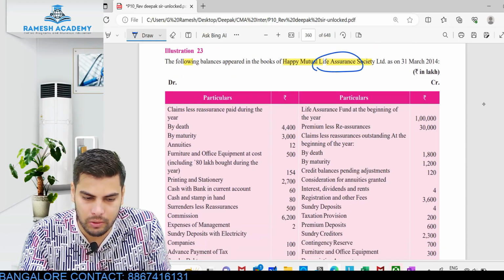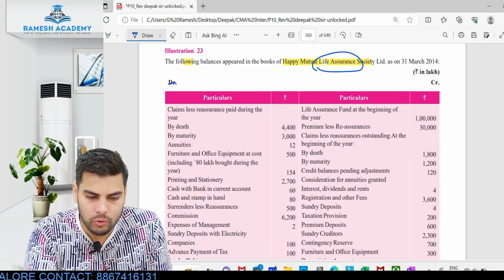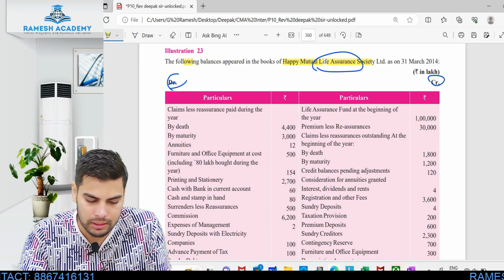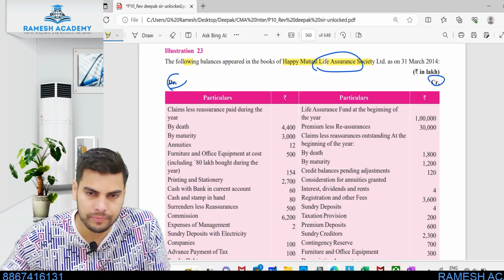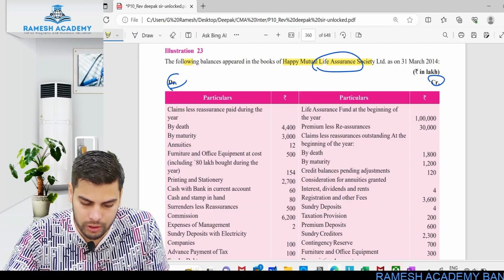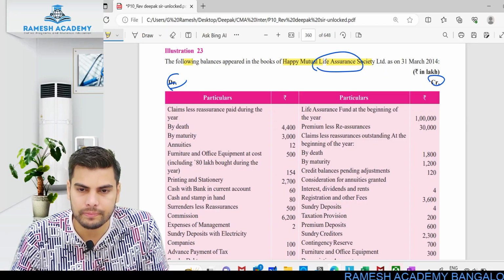So let's look into this. They have given you particular debit balance and credit balance. So let us see what things are appearing on the debit balance. On the debit balance we have got quite a few things.